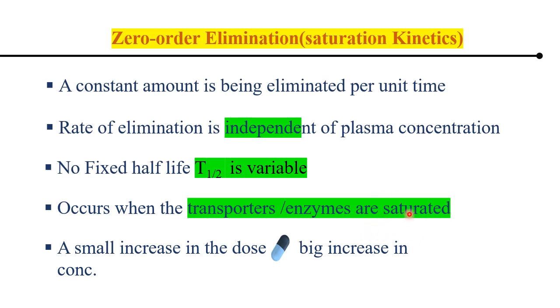This occurs because enzymes have a finite number of active sites that bind to substrate molecules, and once all the active sites are occupied, the enzyme can no longer metabolize any more. As a result, the rate of metabolism becomes constant, and that is what we call zero order kinetics. And a small increase in the dose of a drug gives a big increase in concentration, as we saw earlier.